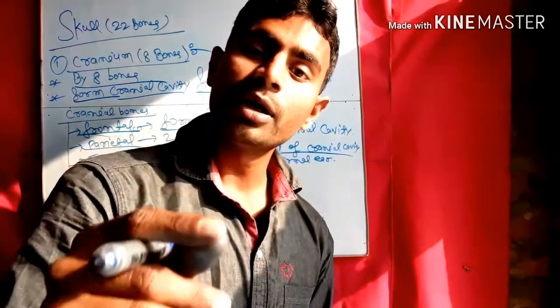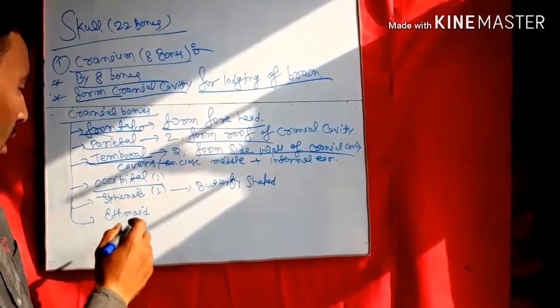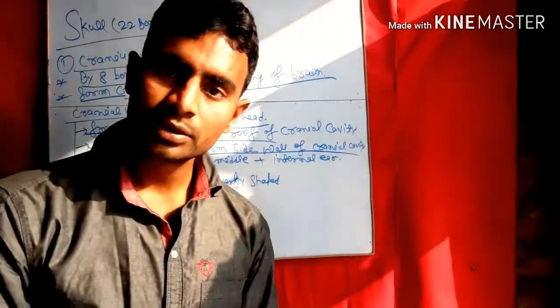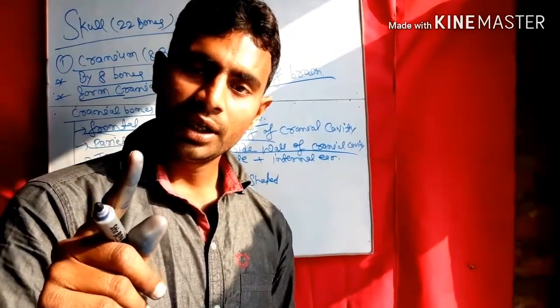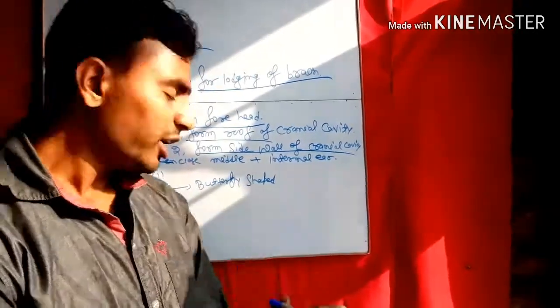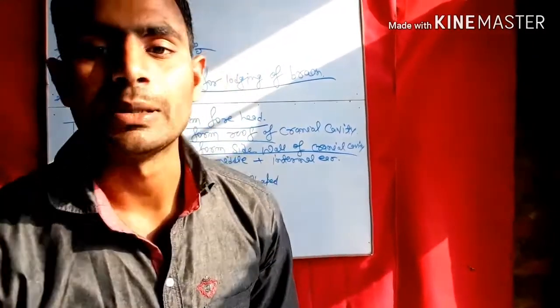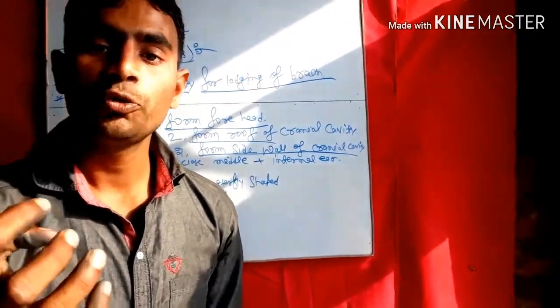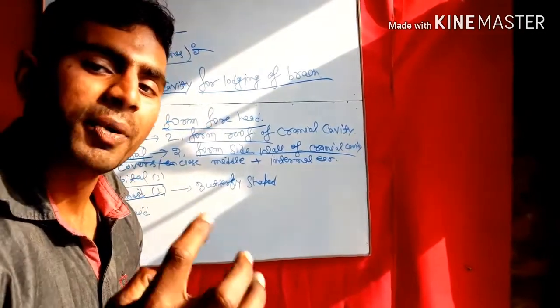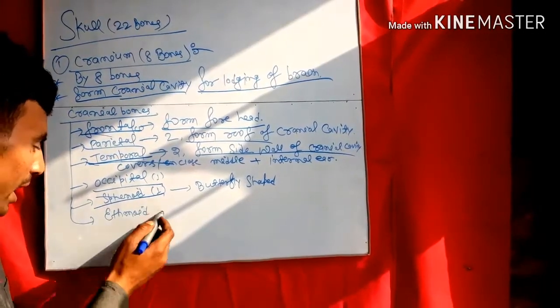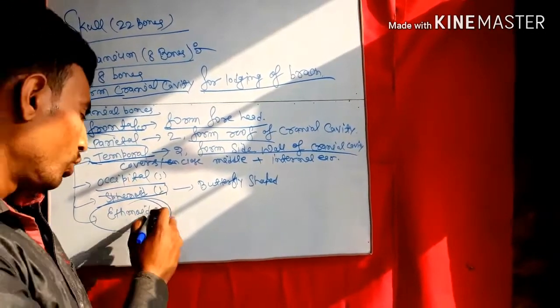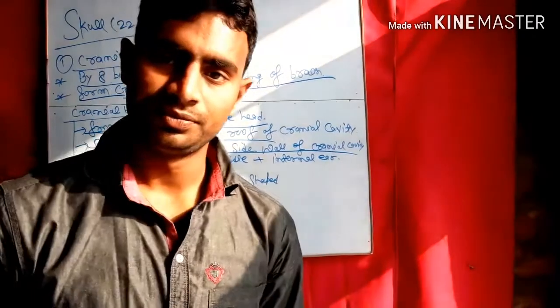The occipital bone number is also 1. The sphenoid bone number is 1. The sphenoid bone's shape is butterfly shape. And last is the ethmoid bone, which is also 1.